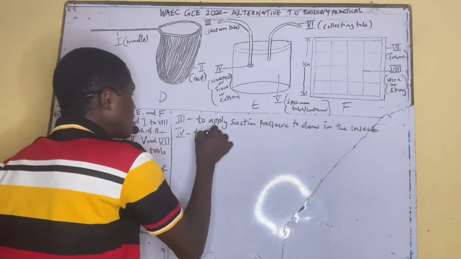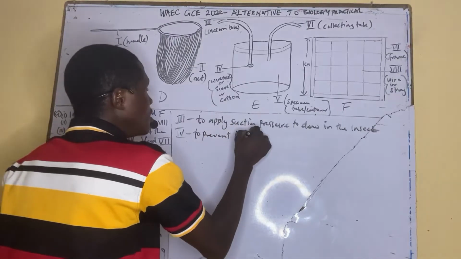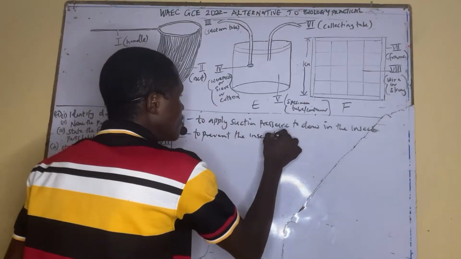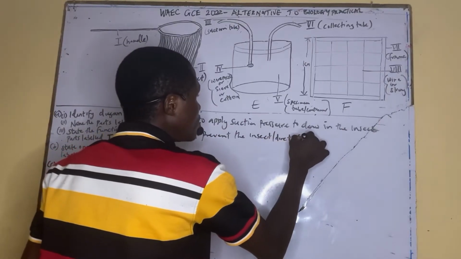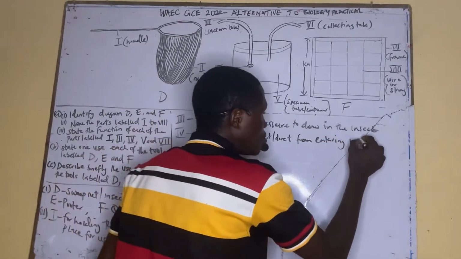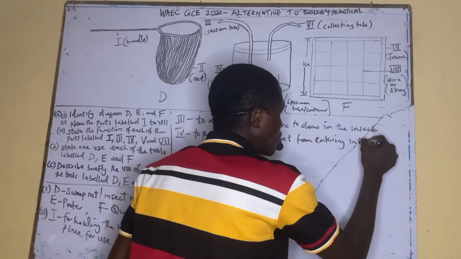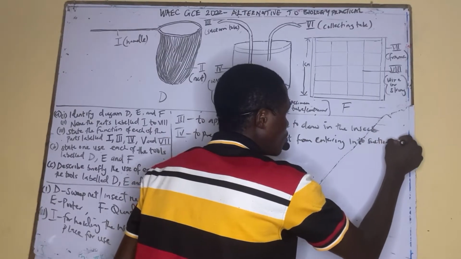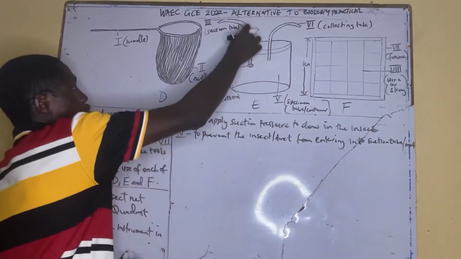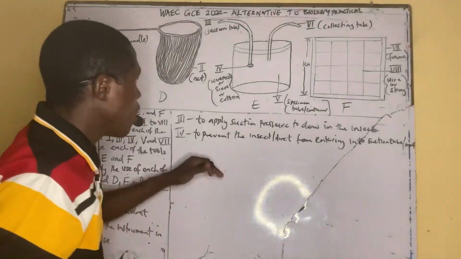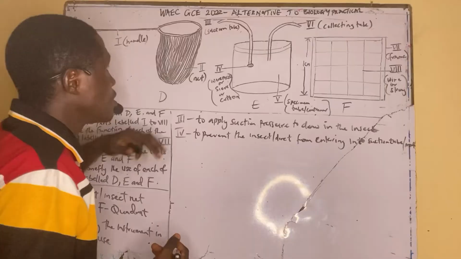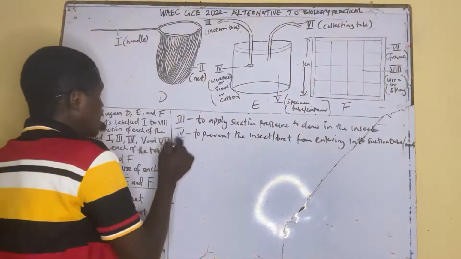To prevent the insect or dirt from entering into the suction tube or mouth. You know, when it enters the suction tube, definitely it goes to your mouth. So it prevents the dirt or the insect from entering into the suction tube or the mouth.